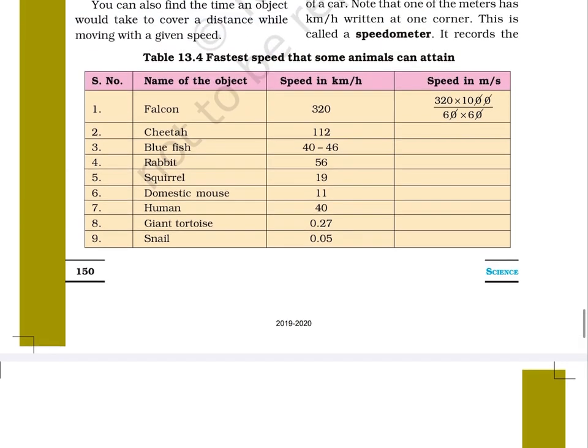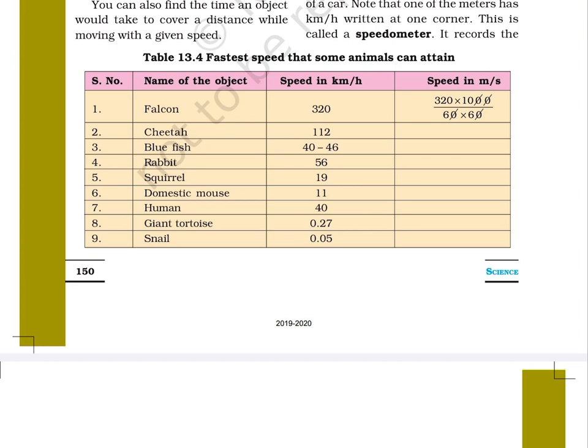Table 13.4. Fastest speed that some animals can attain. There is a table given here. In this table, there are 4 columns and 9 rows. In the first column, we have serial number. In the second column, we have name of the object. In the third column, we have speed in kilometer per hour.